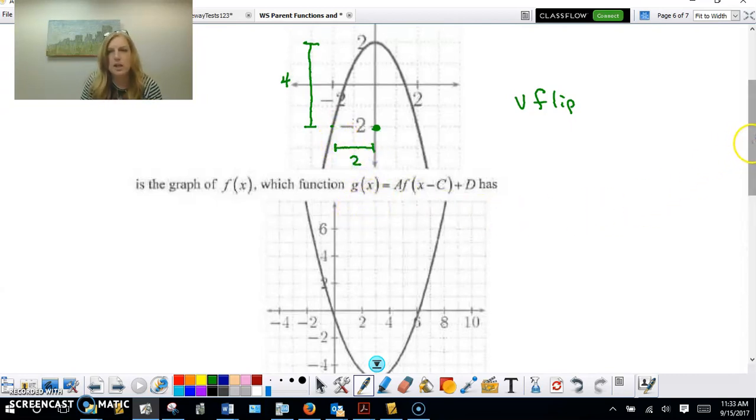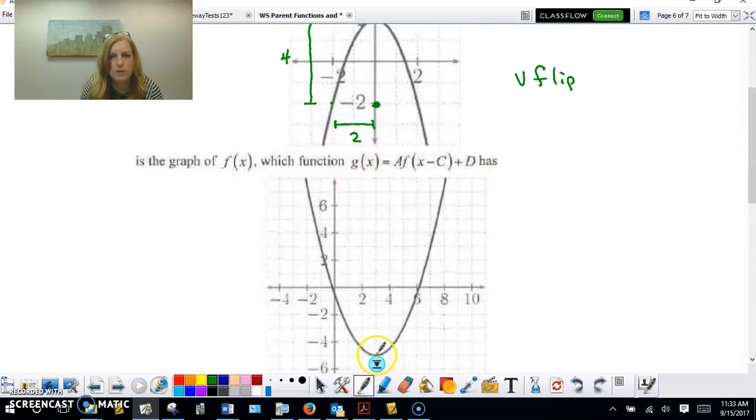So I kind of check here as well. If I go from the vertex and I go over 1, 2, let me look at my 1, 2. Notice that it doesn't seem like you go up as much. So I think there's going to be a little bit of a shrink involved. So I'll keep that in mind. Okay. Or it might be a stretch.